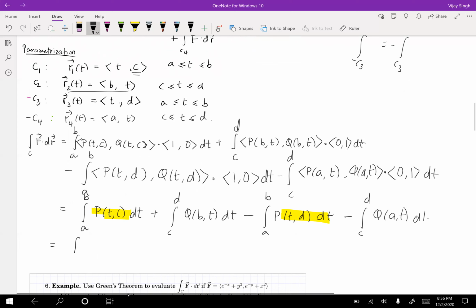So this will be the integral from A to B of P(T,C) minus P(T,D) dt. I'll explain in a moment why I chose the minus sign there, plus the integral from C to D of Q(B,T) minus Q(A,T) dt.